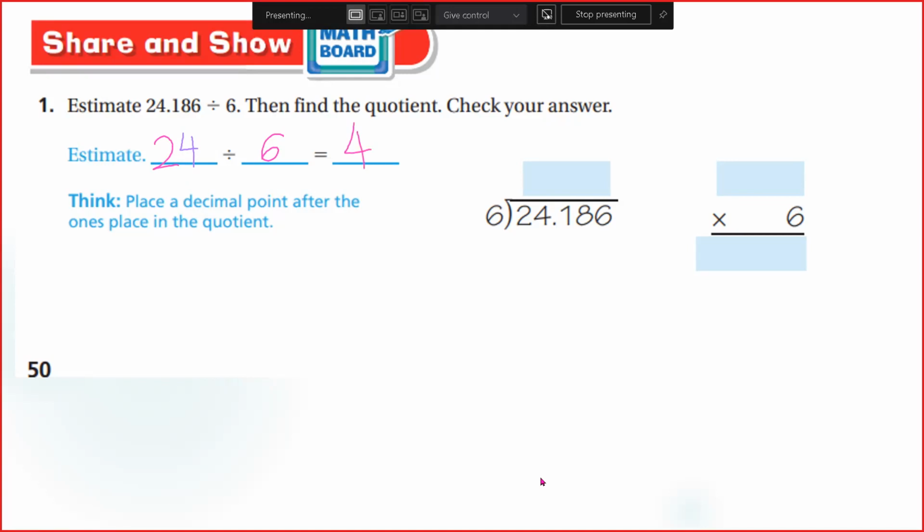Okay, next. So we have to start with 4 here. Then 4 times 6 is 24.